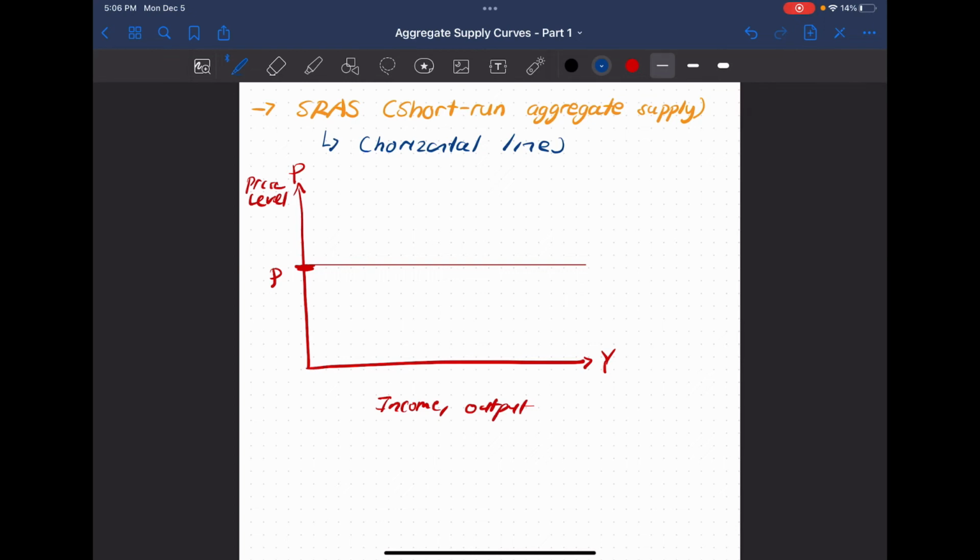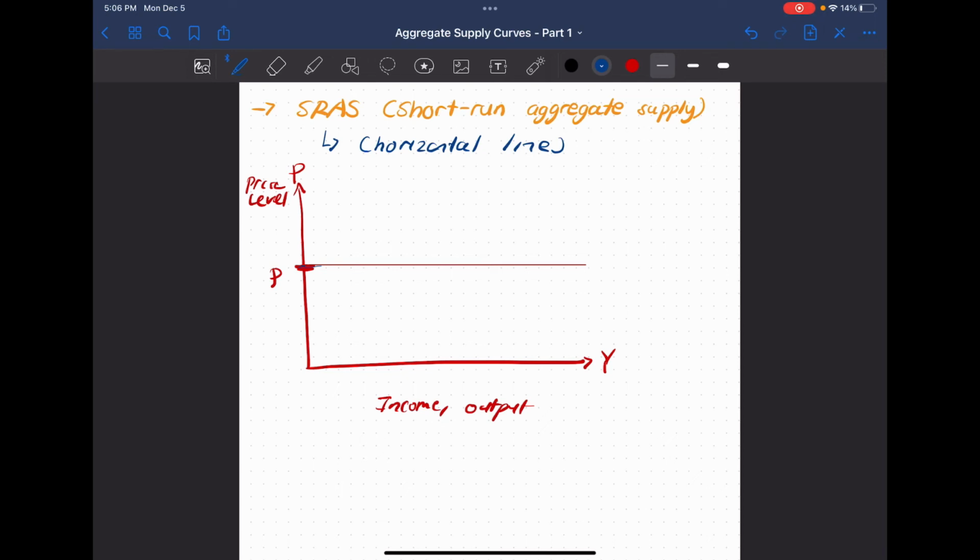So factors which are similar to these, which contribute to the concept of price stickiness, make prices resistant to change, which makes prices sticky in the short run. And hence, in the short run, prices are constant, as indicated by the horizontal line.